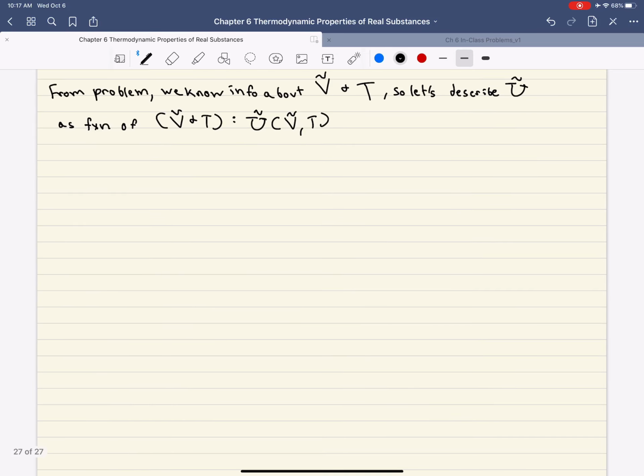What we're going to do now is we're going to take the total derivative of U. So what I'm saying here is that for U, we're going to say that V and T are the canonical variables for it. And so when we take the total derivative of it, we're going to write it in terms of its partial derivatives.